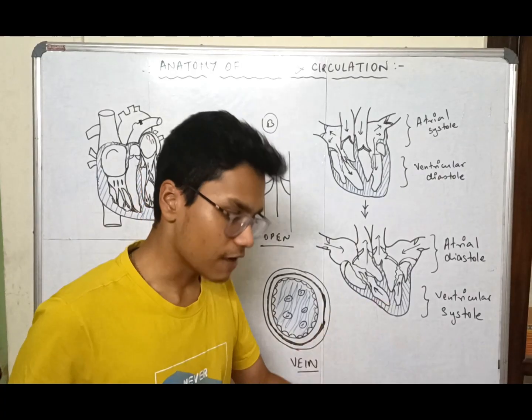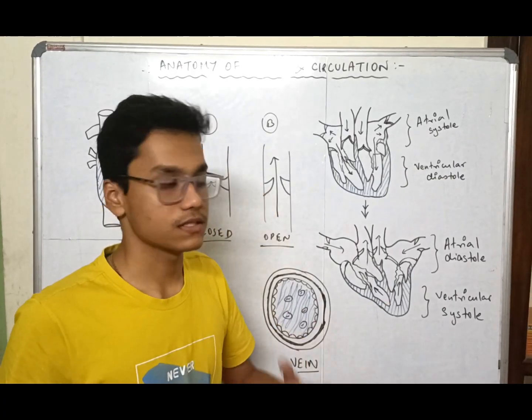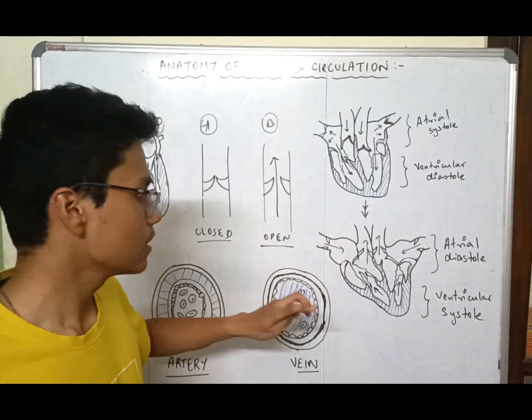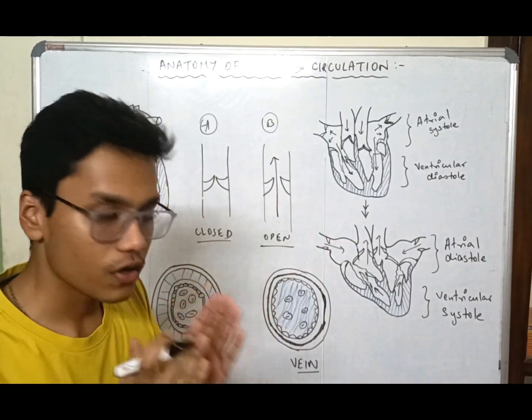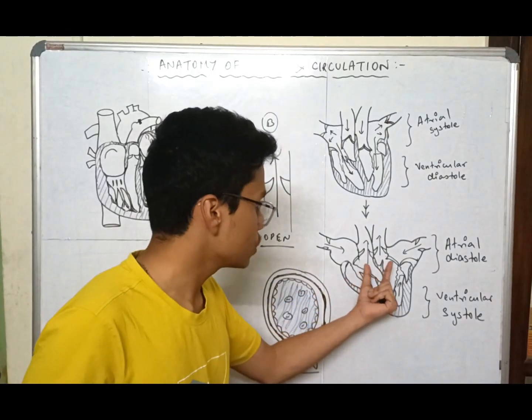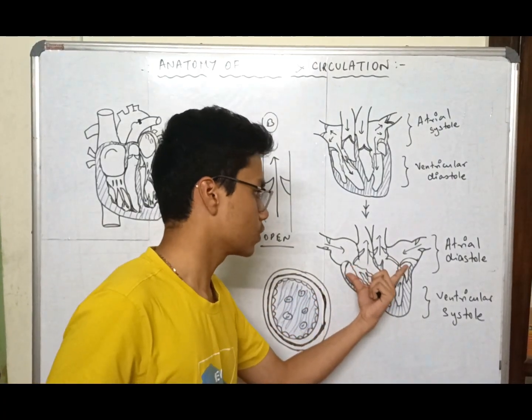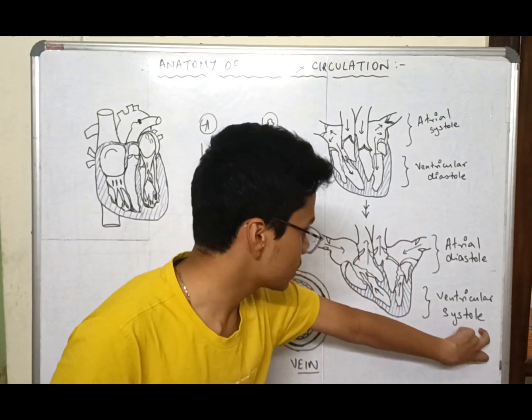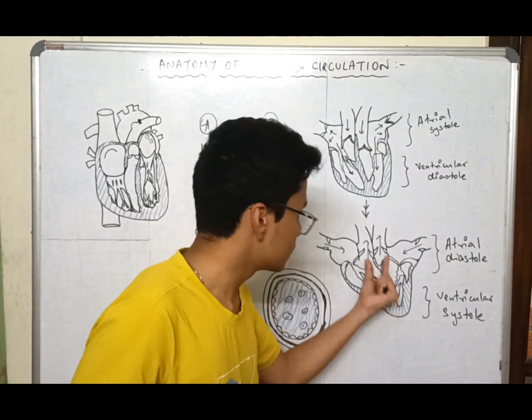I will discuss it in more detail and in depth, but just to give you a small trailer, imagine that this is the open valve and these two valves are closed. On ventricular systole, on ventricular contraction, the blood will flow in this direction.